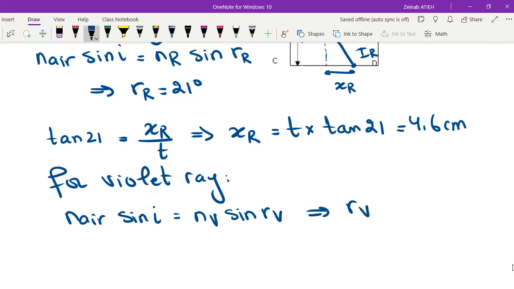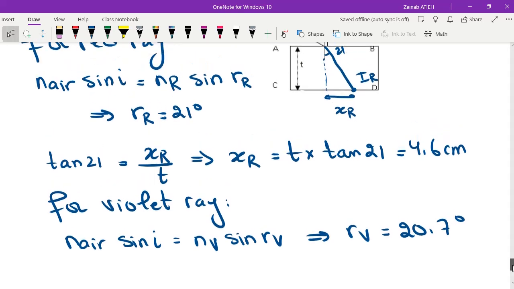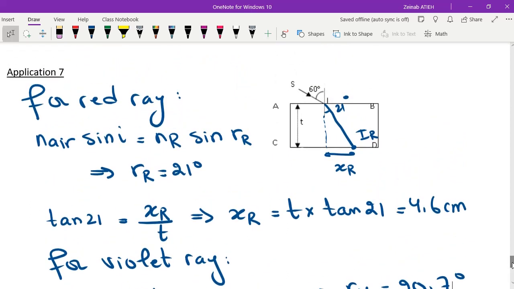Calculate, you will get r_V equals 20.7 degrees. Here r_V is smaller than r_R, meaning the violet is smaller than the red. So the violet will be refracted like this. This is I_V. This angle here is 20.7.